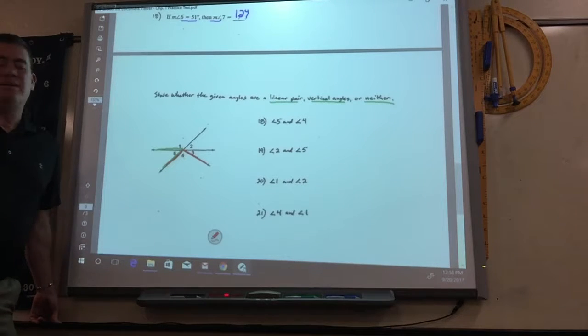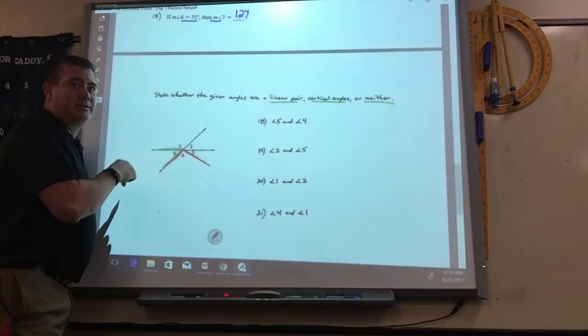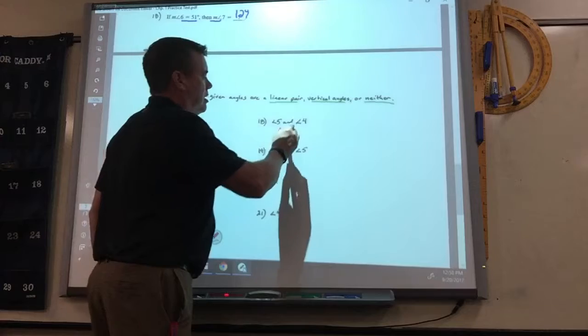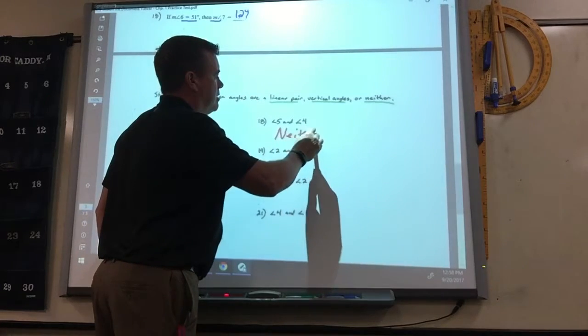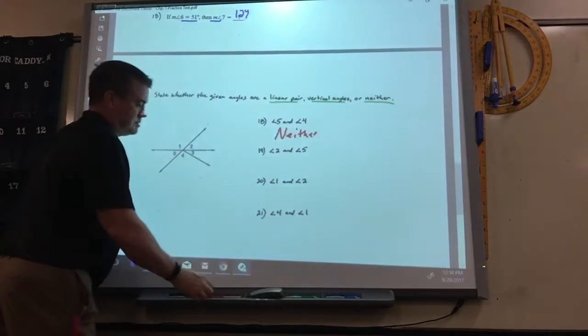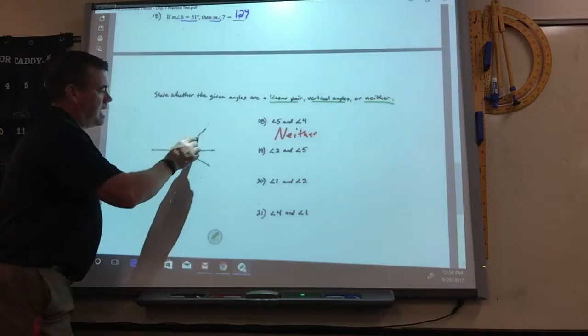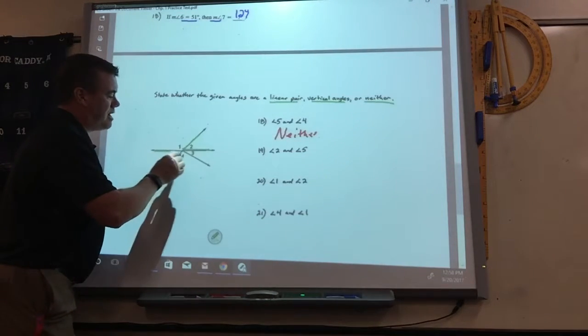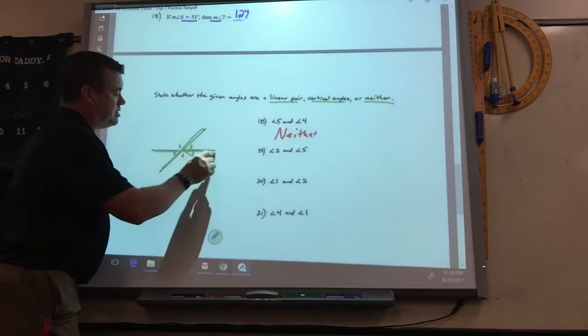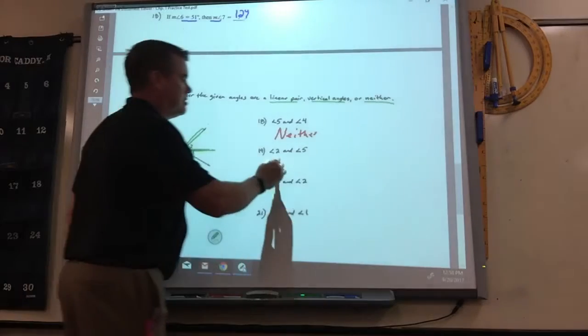They are adjacent, but they're not linear. See, because they don't form a straight line. So it's neither. Okay, angle 2 and angle 5 are vertical because they're across from each other. They're 2 straight lines that intersect.